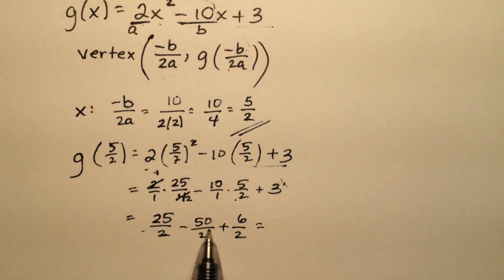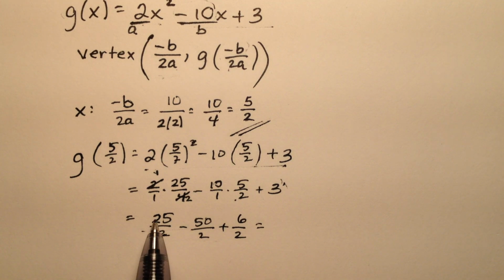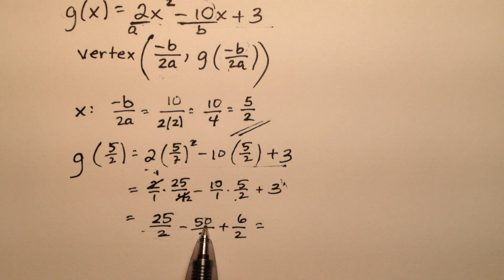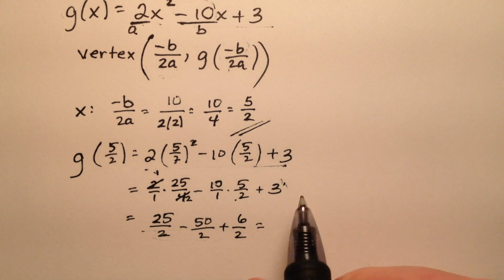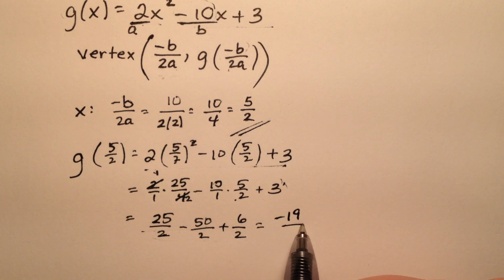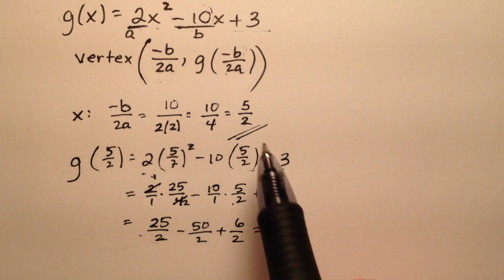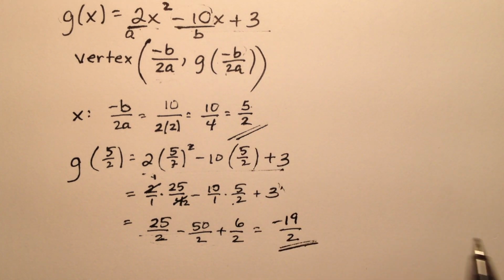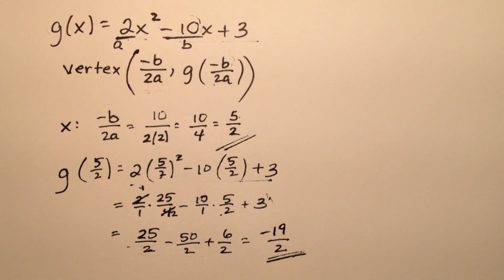So now we have common denominators all the way across. So 25 minus 50 is negative 25, and then plus 6 will be negative 19/2. So my x value is 5/2, and my y value will be negative 19/2.